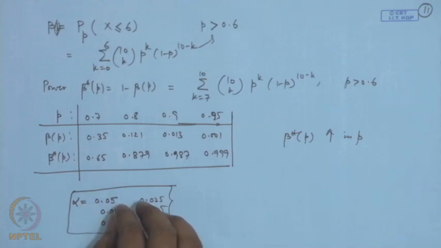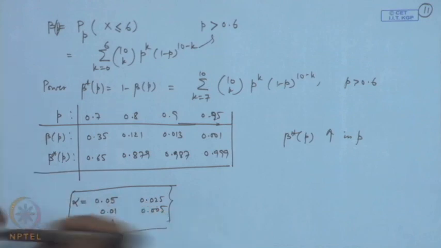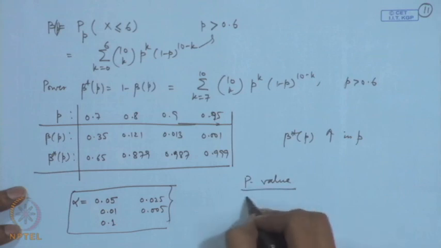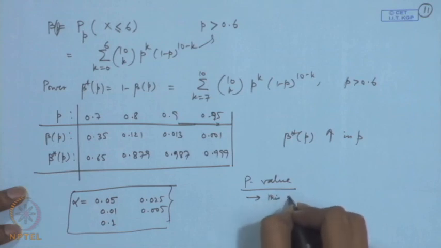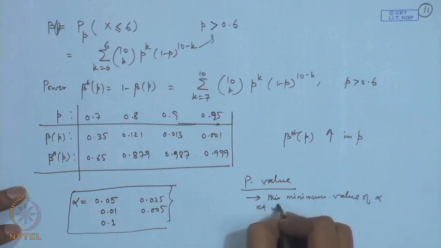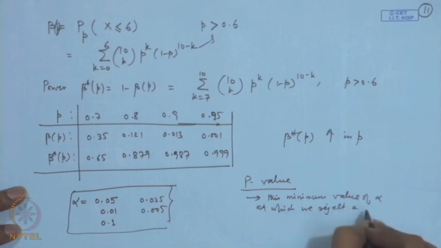In fact, presently it is more fashionable to use what is called a p value. A p value is the value which we assign. So, basically this is the minimum value of alpha at which we reject a null hypothesis.